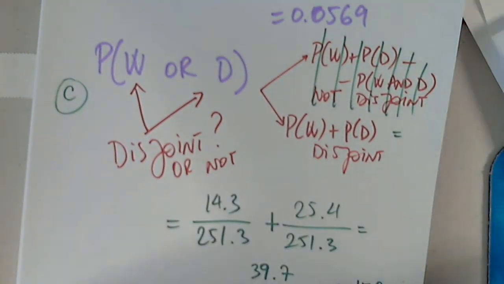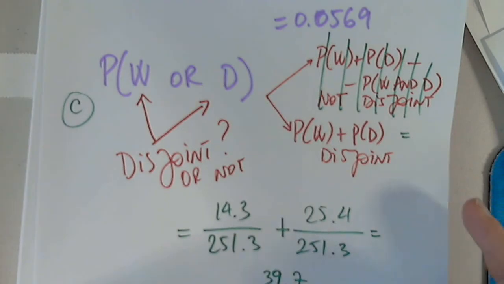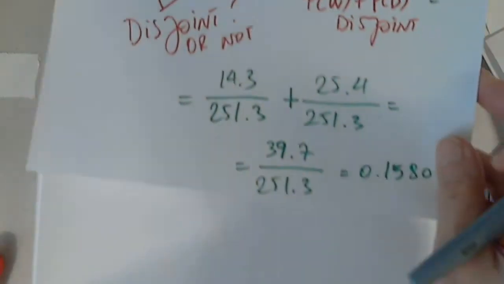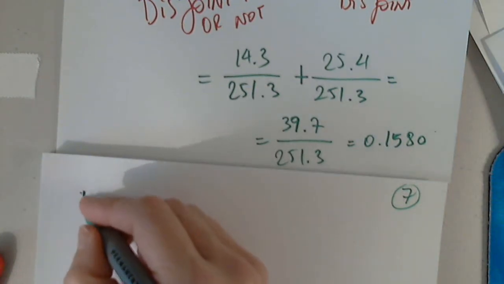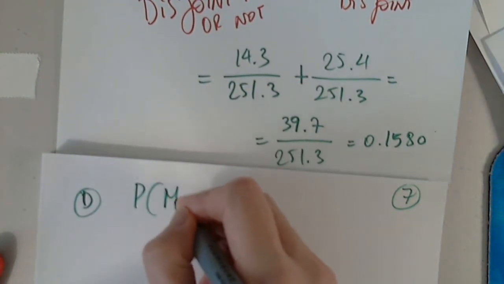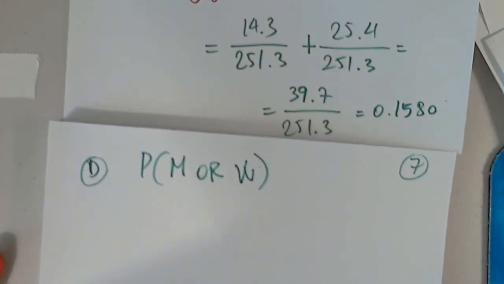And now we are moving on to part D. Determine the probability that a randomly selected U.S. resident 15 years and older is male or widowed. So part D. Male or widowed. What do we have to determine first?